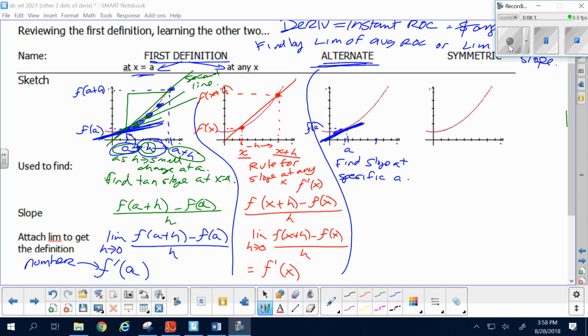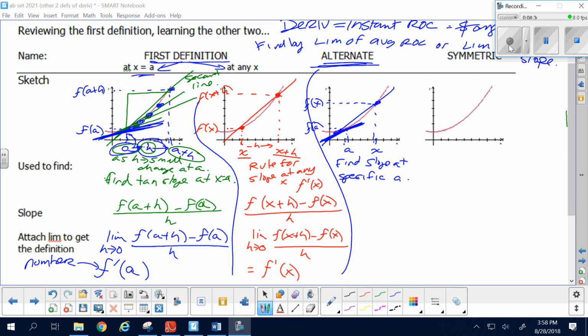Instead of going some distance over h, we're just going to let this point be some other point on the curve. X is just some other point on the curve that I can use to draw the slope through, and so it has an x and a y value. Now I still want to find the slope between those 2 points.